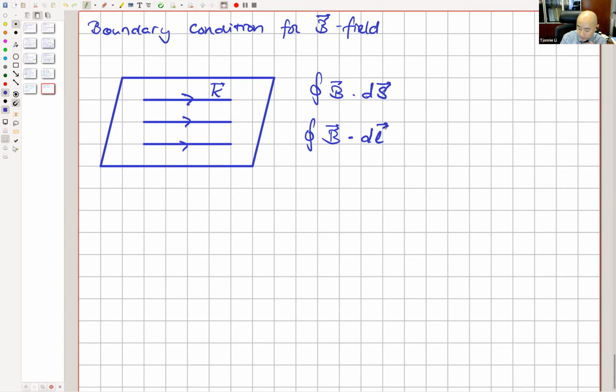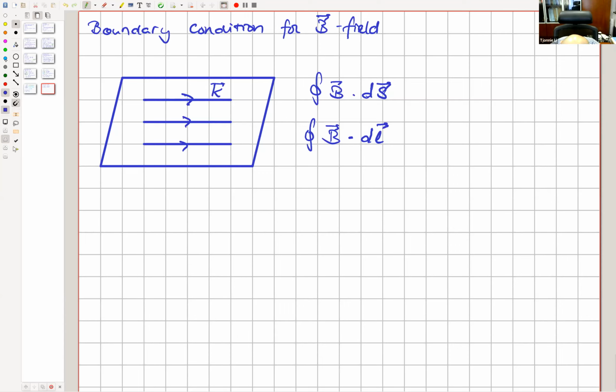Anyone want to give it a go? Okay, let's see if we can arrive at this. Let me take one step and see if you can at least finish it off.